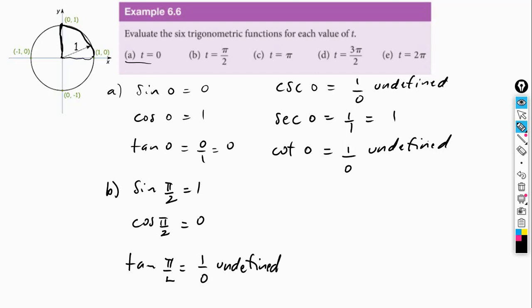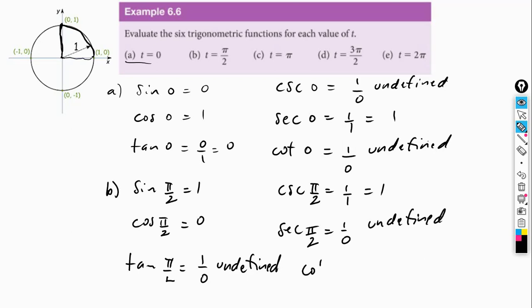Then we would have the reciprocals, right? Cosecant of pi halves is going to be 1 over 1, or just 1. Secant of pi halves is going to be 1 over 0, therefore undefined. And finally, cotangent of pi halves is going to be 0 over 1, therefore 0.